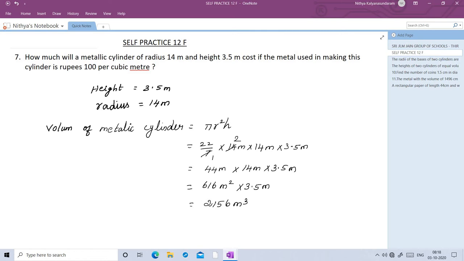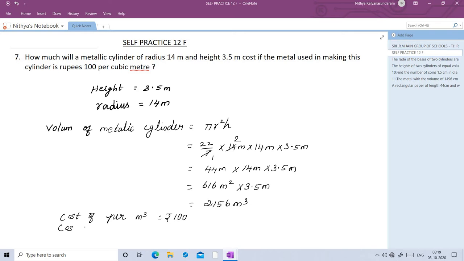So the cost per meter cube is rupees 100, means what is the cost for 2156 meter cube? So we want to find out the cost. Per meter cube, it's equal to rupees 100. Then we have 2156 meter cube.